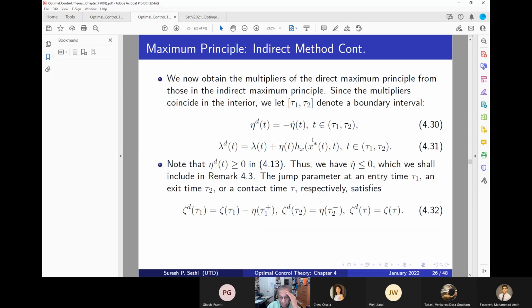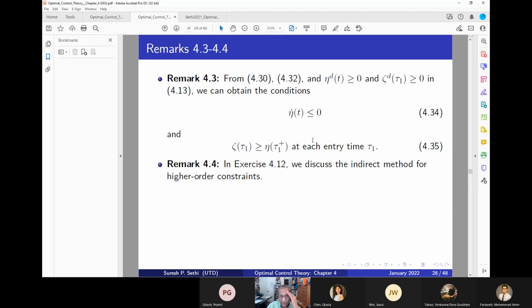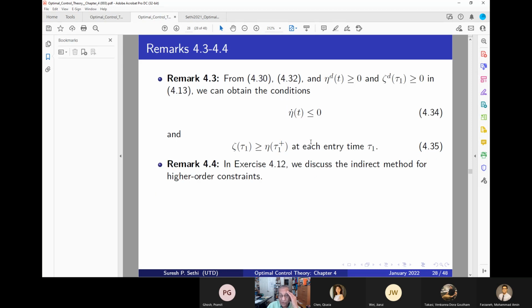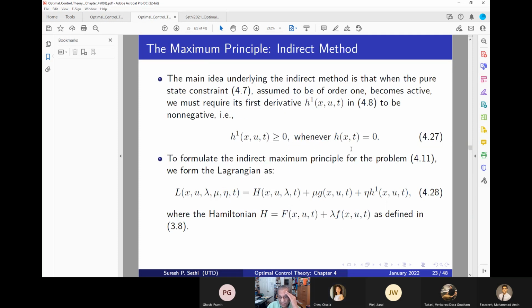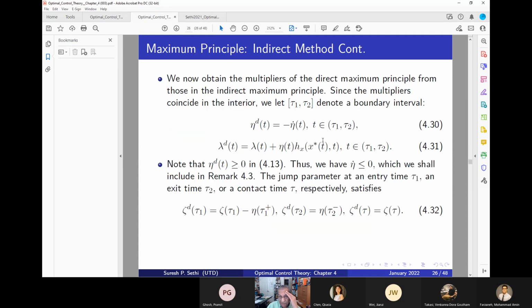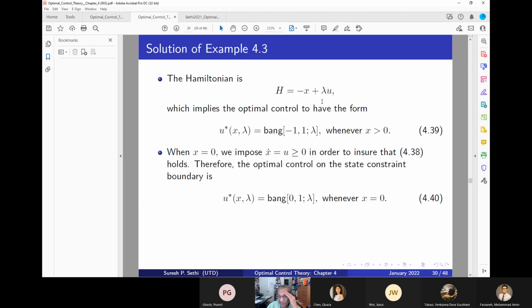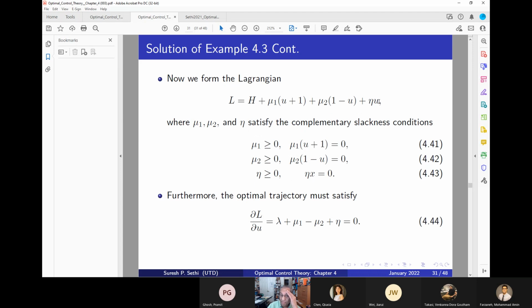So let's look at h. In the indirect maximum principle, h will be h1 of xu, right? That one would appear here, eta times h of xu. And then delta x will have eta in there, and eta is going to have x in there, and they can change, right?